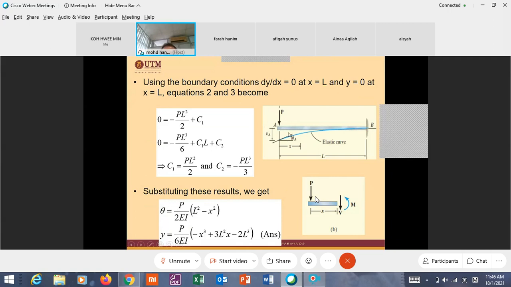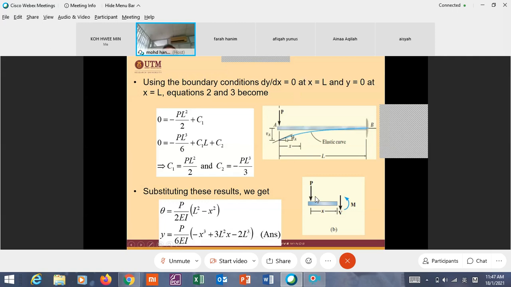I repeat, in practice we just want to know what the maximum is. The maximum is here at point A, it is common sense, where x equal to 0. So substitute x equal to 0 here, and the answer is y equal to P over 6EI multiplied by 2L to the power of 3.